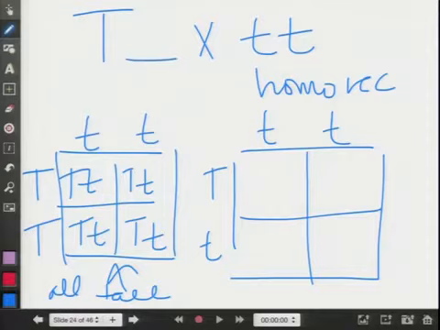So in a test cross, as this one is, if you do a test cross with an unknown dominant phenotype and you get all dominant phenotypes in the offspring, you know it had to be homozygous dominant, because all of the offspring are going to be heterozygous. In complete dominance, all heterozygotes look like the dominant phenotype, in this case, tall.